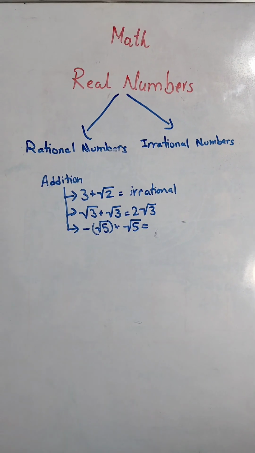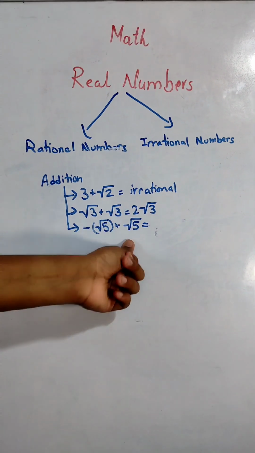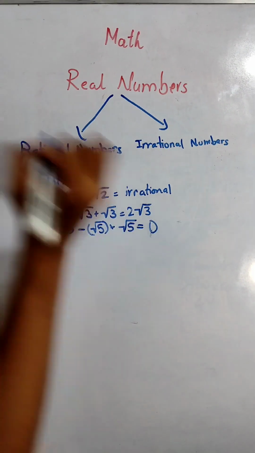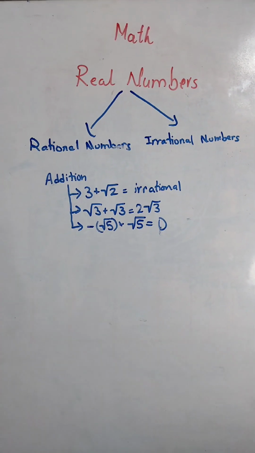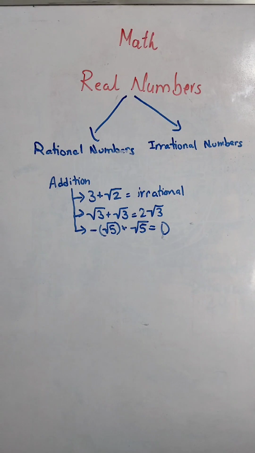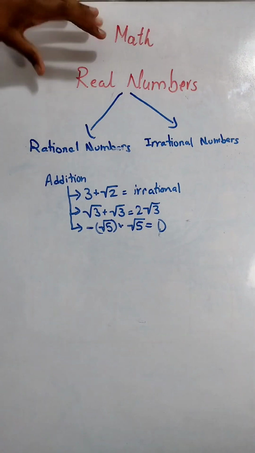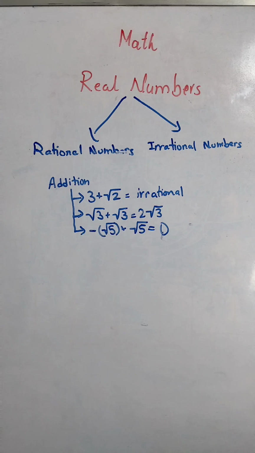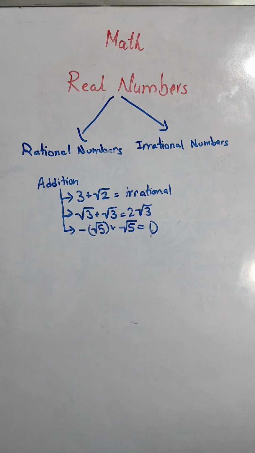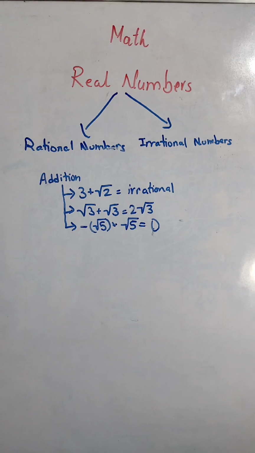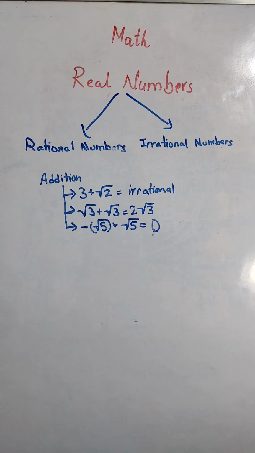So we are doing minus of root 5 plus root 5. In this case, when we add both of these, we get the answer 0. So this is practically the three ways in which we can prove the addition of real numbers. So addition of real numbers can be either irrational in two ways, or rational in exactly only one way.